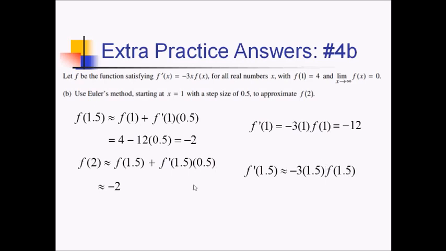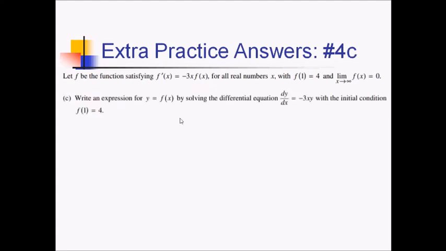Well, we approximated that f of 1.5 was negative 2. So we're basically doing negative 4.5 times negative 2. And this is an approximation, so we're going to write approximately equals positive 9 for all that. So we've got positive 9 here times 0.5. We've essentially got negative 2 plus 4.5, which is 2.5.